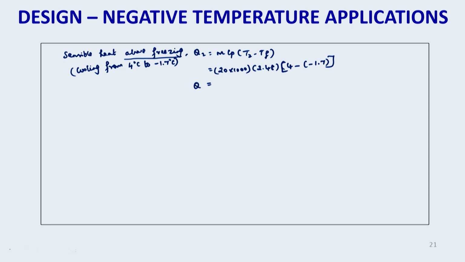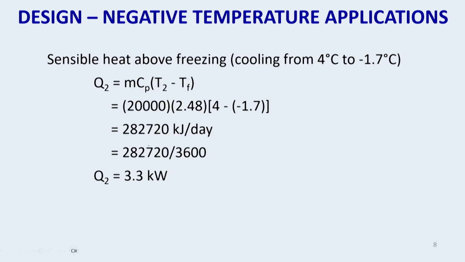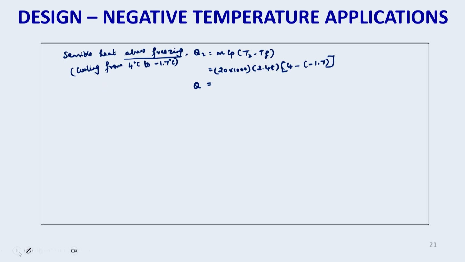Q is equal to 2,82,720 kilojoules per day. So this is equal to 2,82,720 divided by 24 hours into 3,600 seconds.